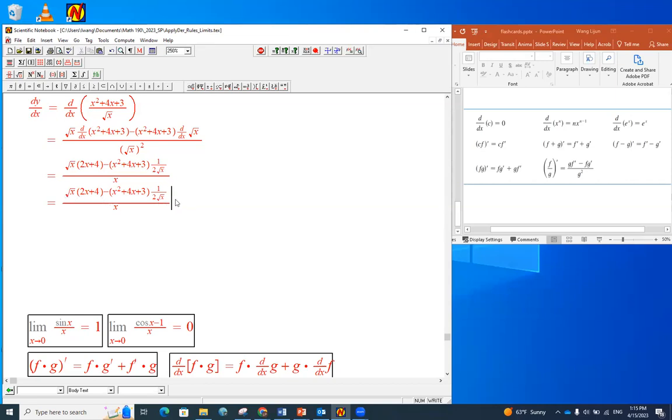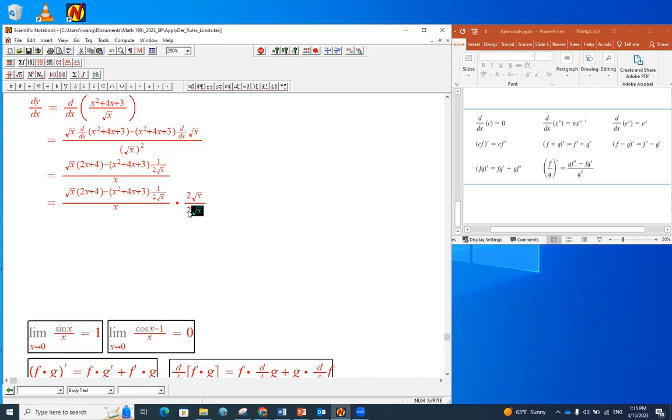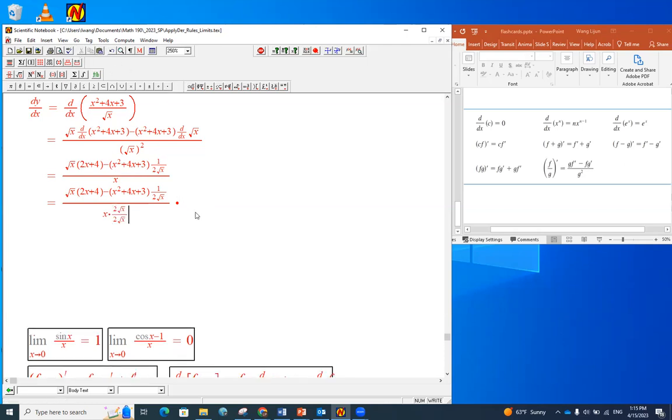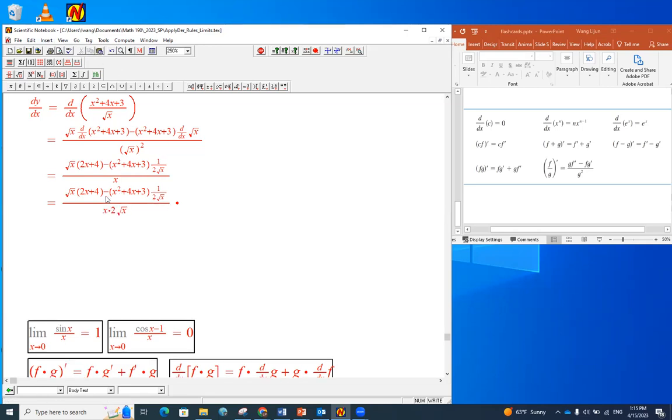So we're going to multiply 2 times square root of x on the top and 2 times square root of x in the bottom. Oops, that's not right. My bad. So 2 times square root of x to the bottom and to the top.